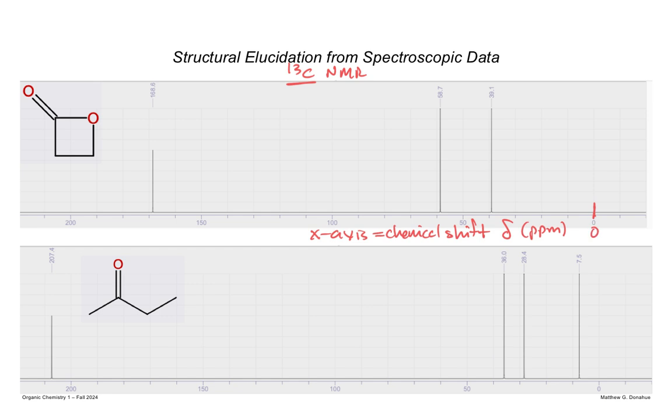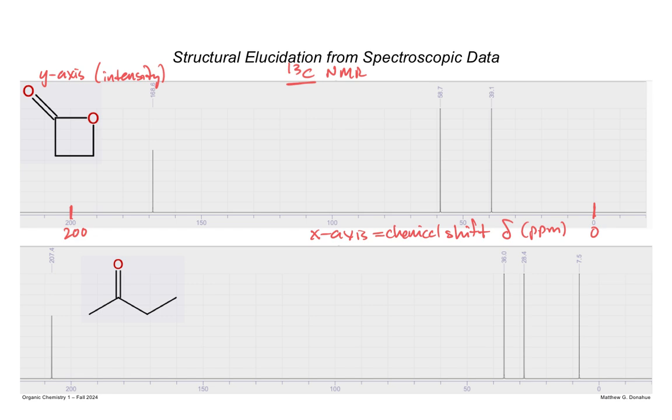And then as you go left, it increases to 200. There's not really a unit for the y-axis. You might want to think of it sort of as intensity. But it does not have a formal unit associated with it.